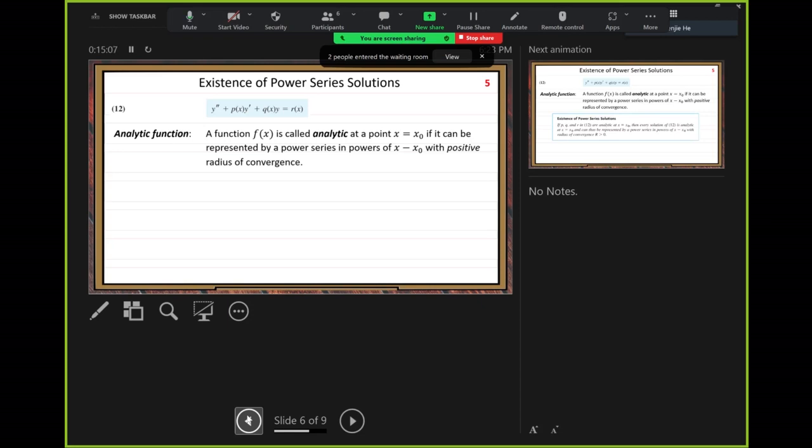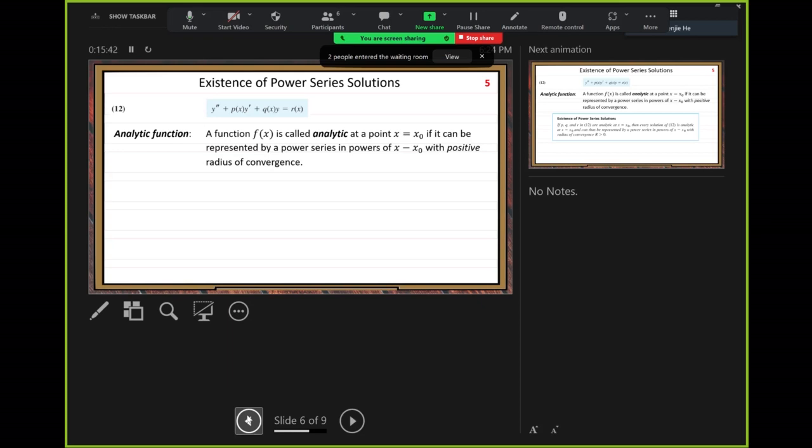You need to use the concept from the previous slide, radius of convergence. Within that circle, centered at x0, you draw a circle with radius capital R. There is a formula to calculate that radius. So within that radius, the series converges, and this f function can be represented with a positive radius.